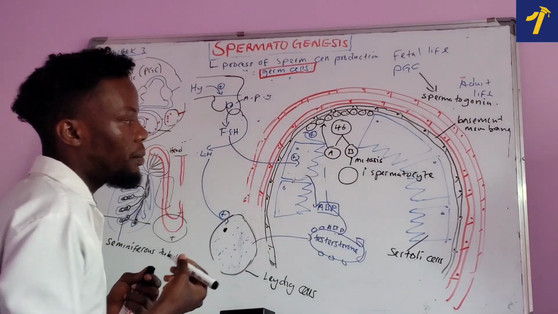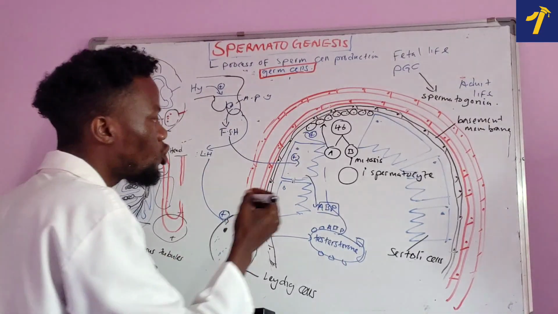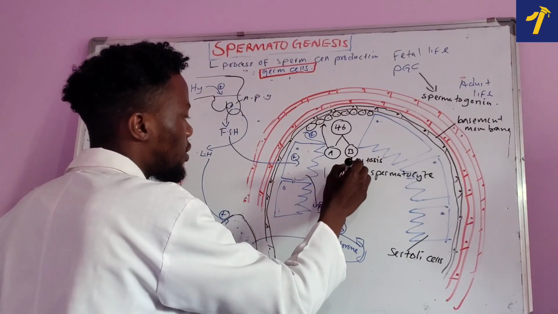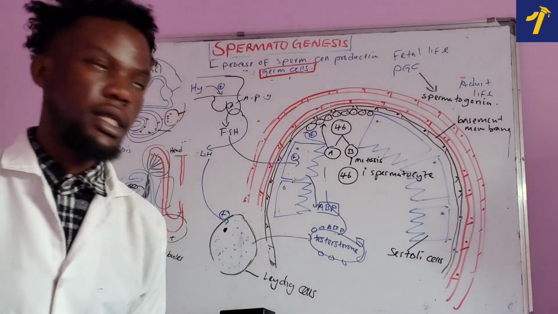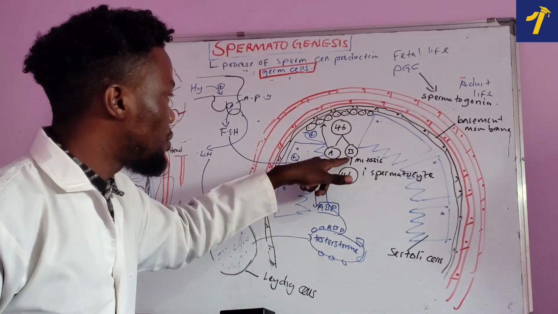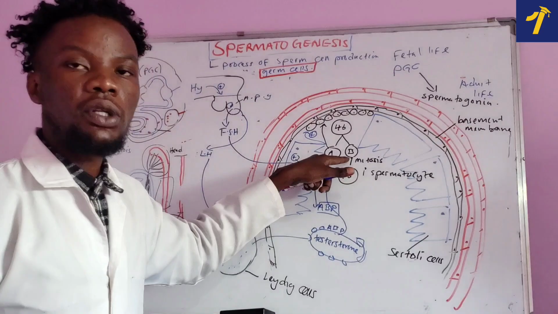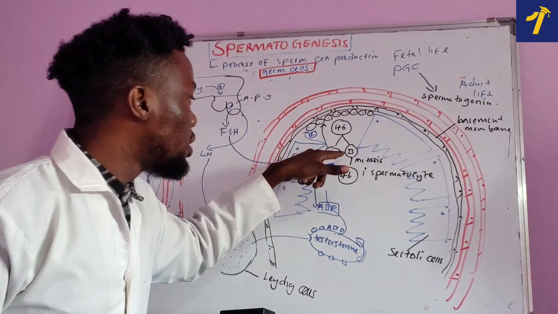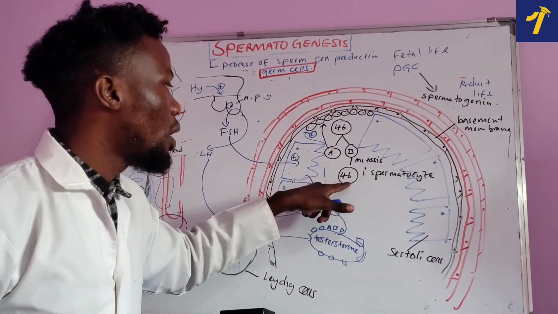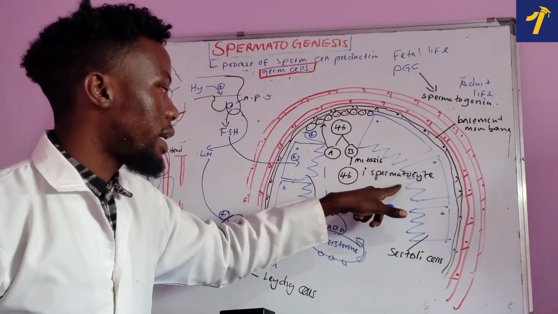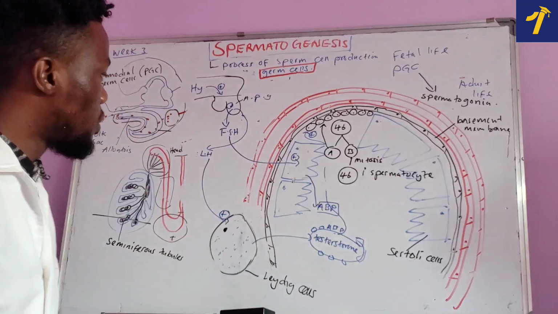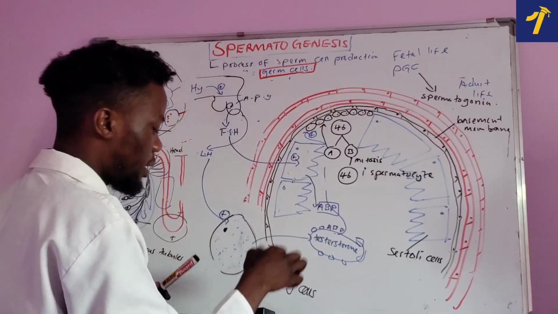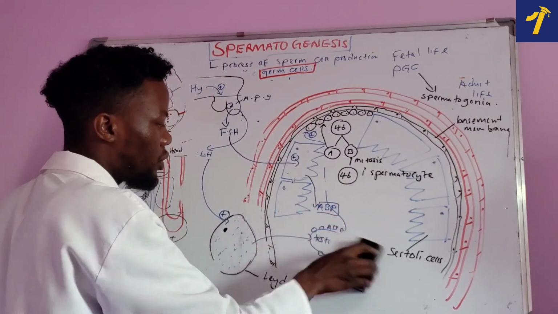So primary spermatocyte, and you need to understand that primary spermatocyte is going to have about 46 chromosomes. So that's the first thing. The type B spermatogonium is going to divide by mitosis into primary spermatocyte, but it's going to have 46 chromosomes.